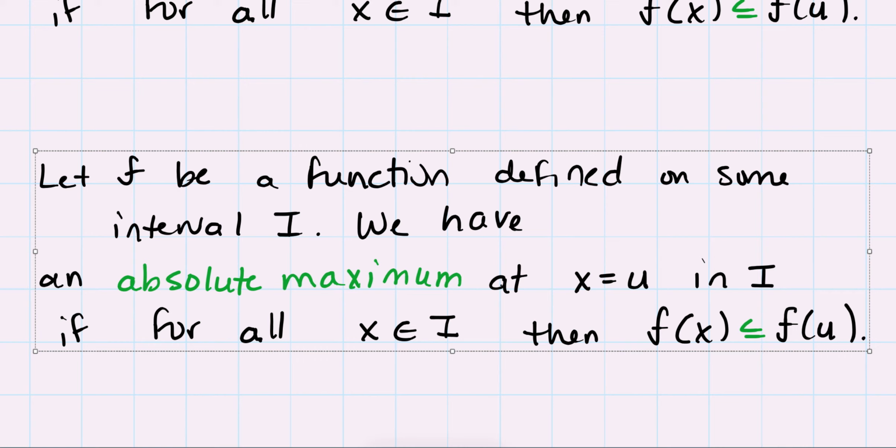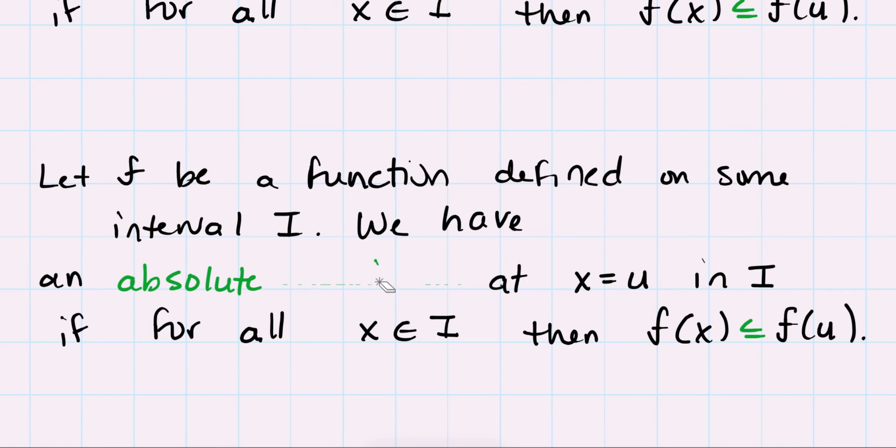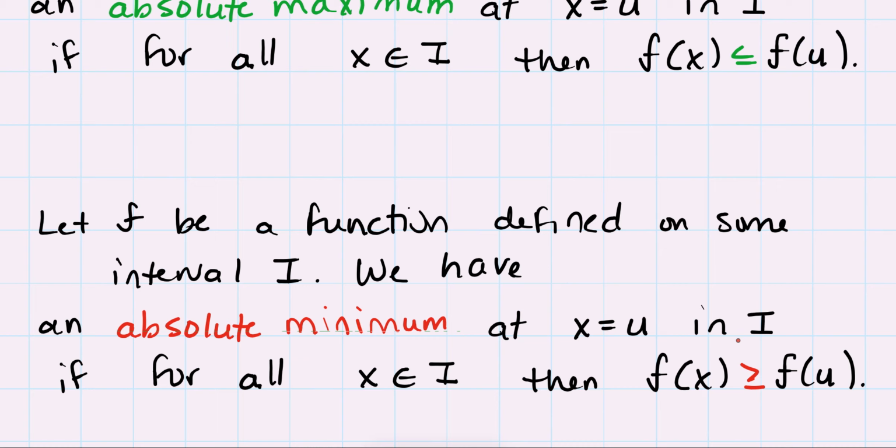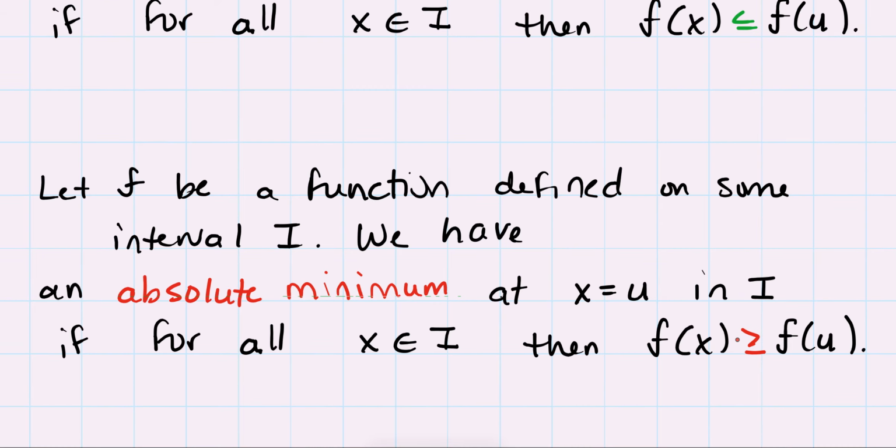So let's erase this word. Let's make this red. And then we're going to change this sign to greater than or equal to. Okay, so here are the definitions. I just want you to have them. I'm going to explain them visually, and then we're going to look at some examples.